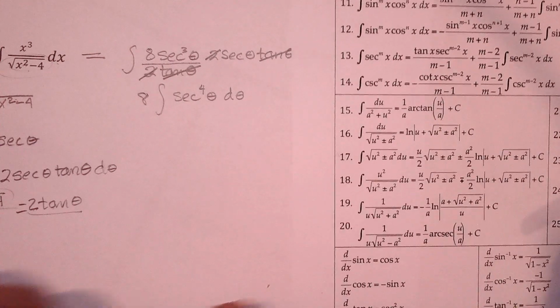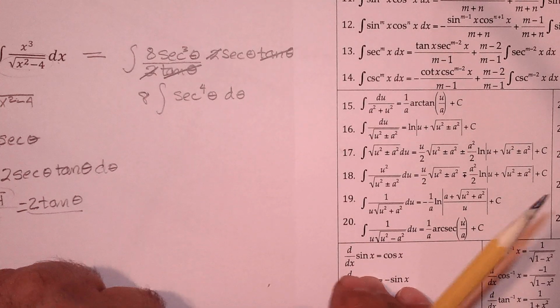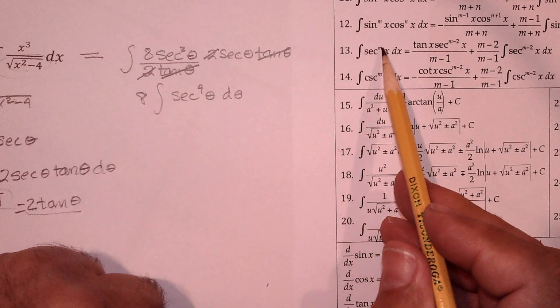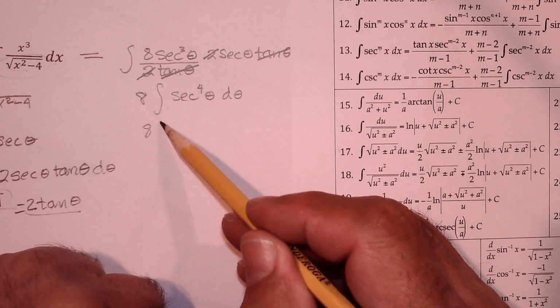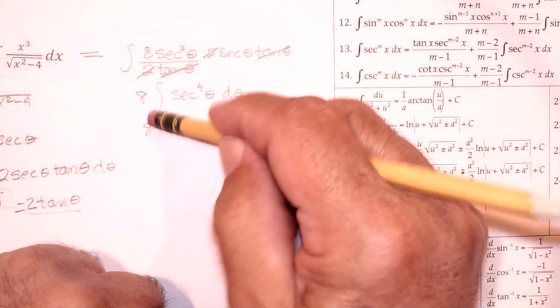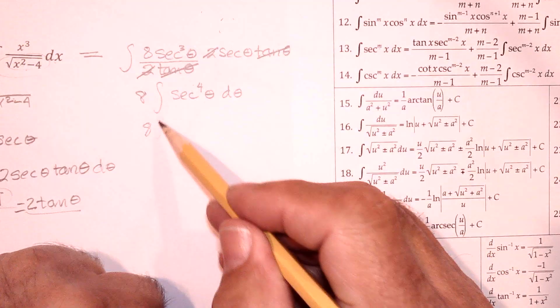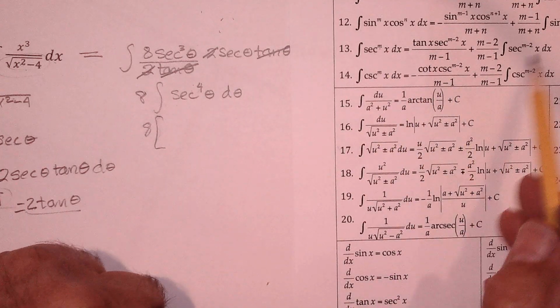So I'm going to use that. See if I can get it all on the screen. I think we got it there. So in this formula, m is 4. So I have 8. Actually, I'm going to have a couple things here, so I'm going to put a bracket because we're going to have 2 things.